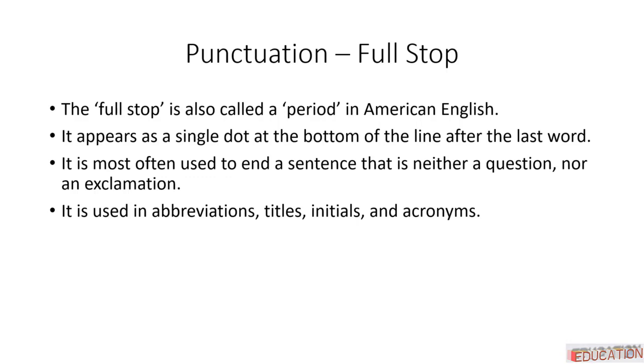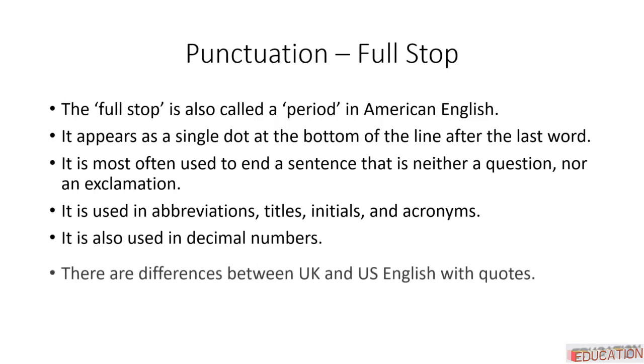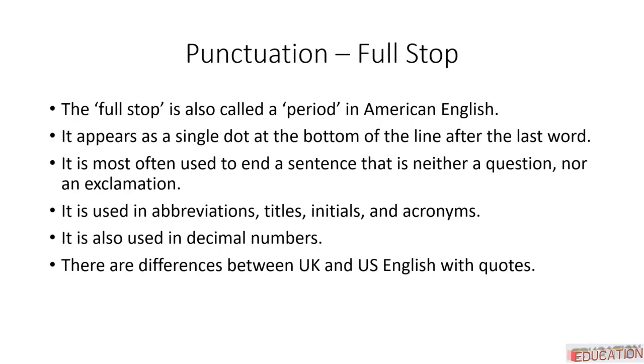It's also used in abbreviations, titles, initials, and acronyms. It's also used in decimal numbers. And with quoting with the full stop, there are actually differences between the way UK and US English treat them.